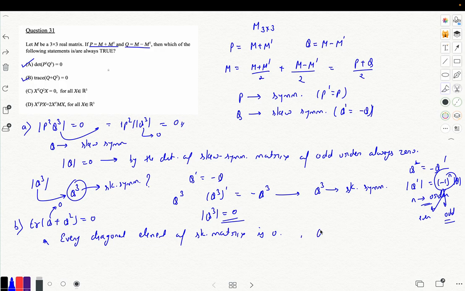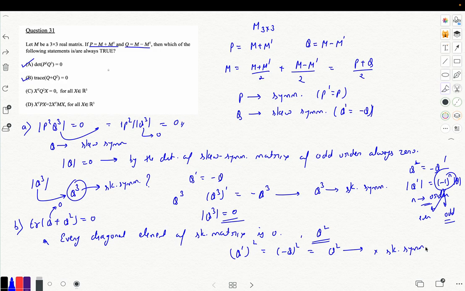Firstly we will check whether Q square is skew symmetric or symmetric. When I do Q transpose square, that comes out to be Q square, not minus Q square. So Q square is not skew symmetric.